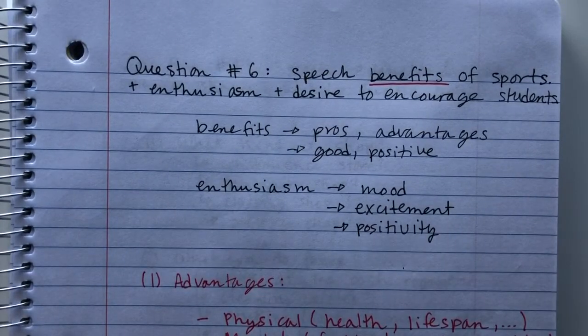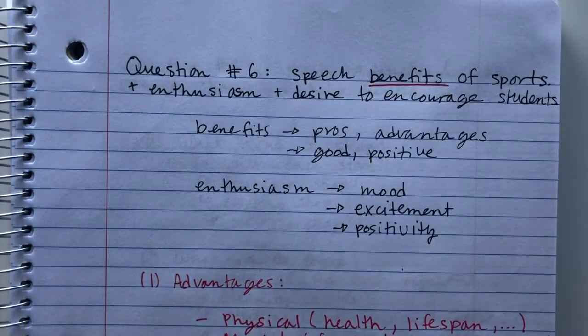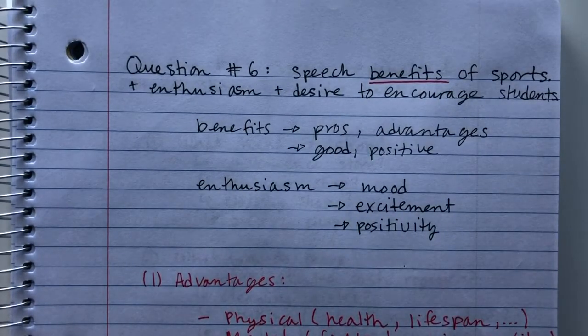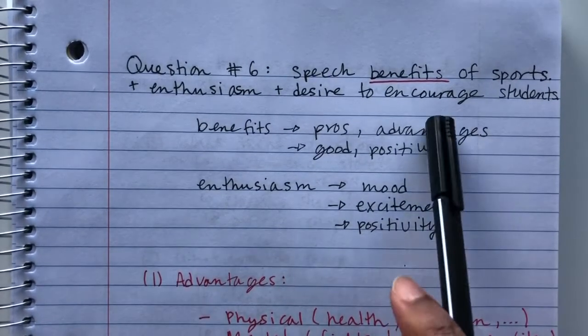Okay. Now let's take a look at the notes that I made regarding the benefits of sport. Because that's the focal point of the speech, to make note of the benefits specifically. And our tone has to be enthusiastic and encouraging.